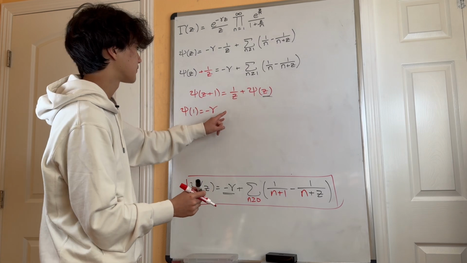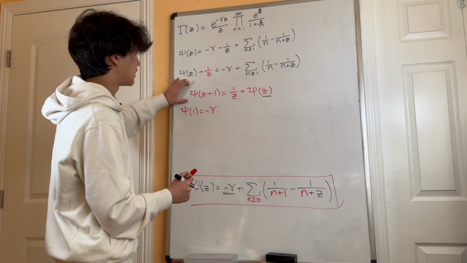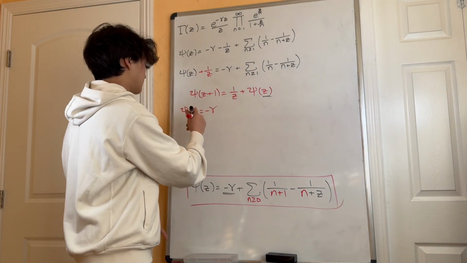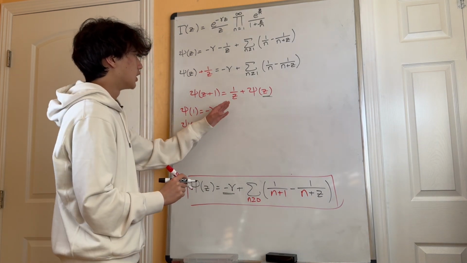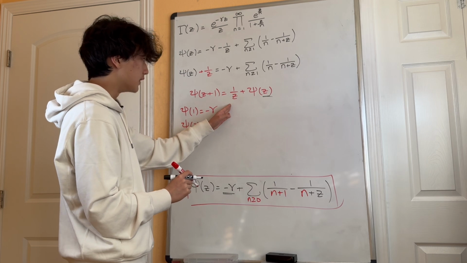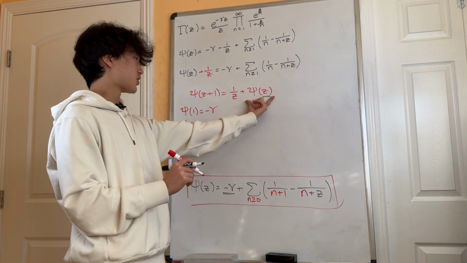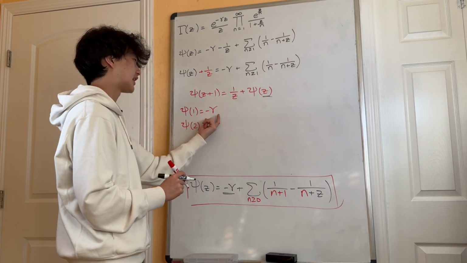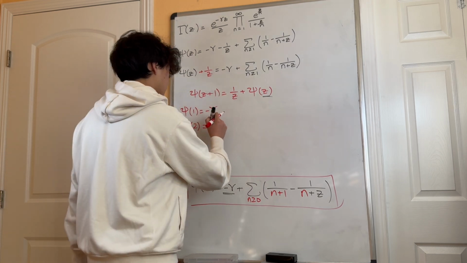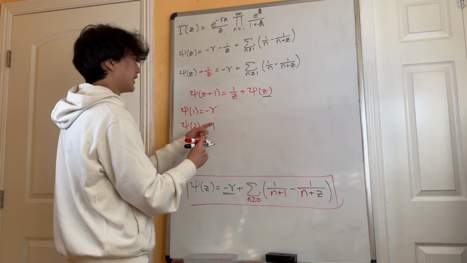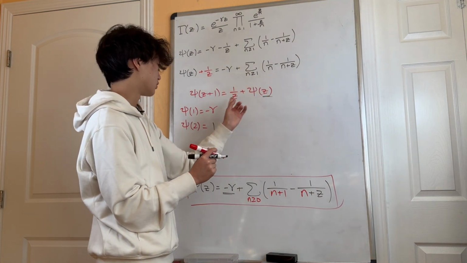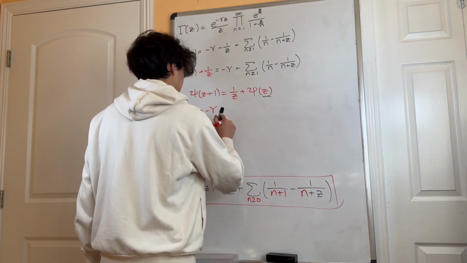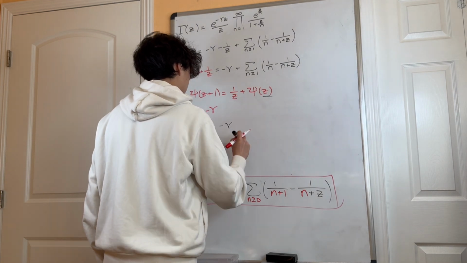Plug in 1 into here, you get digamma of 1 plus 1, so digamma of 2 is equal to 1 over 1 plus your starting value, which is digamma of 1, which is just negative gamma. So this becomes 1 over 1, and then digamma of 1 was just negative gamma, or negative Euler-Mascheroni constant.